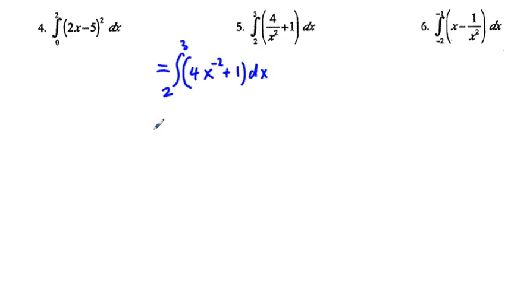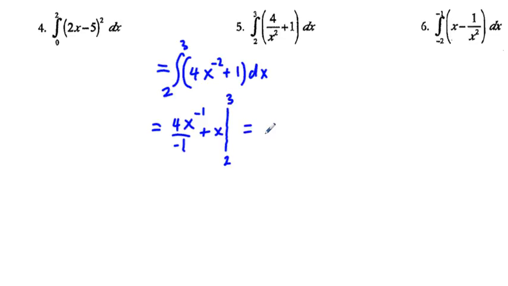And so now integrating, we have 4 and this x to the negative 2 power, we add 1 to negative 2, and we're going to get x to the negative 1, and we're going to divide by the power we raised to, so we divide by negative 1, plus we have 1 dx, well that's going to be x. And we're going to evaluate this expression from the limits of 2 to 3.